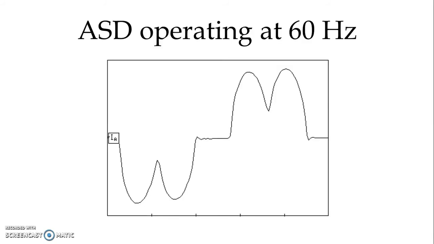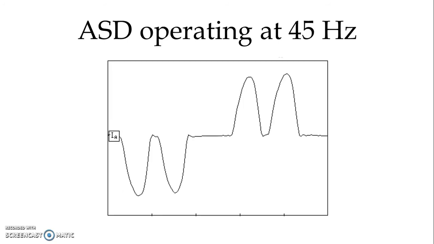Now this is the current waveform when our adjustable speed drive is operating at 60 Hz. We can see the characteristic double hump in the waveform for each half cycle of the AC waveform, which is due to the conduction of the input rectifier modules for a duration of 260 degrees for each half cycle.